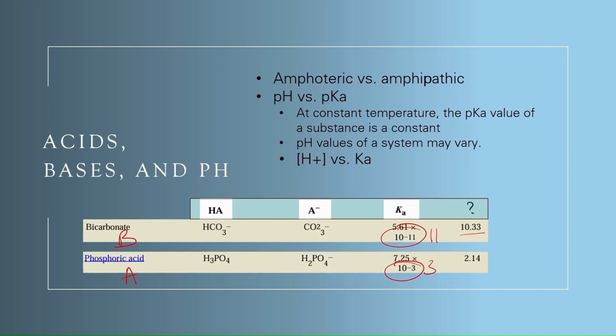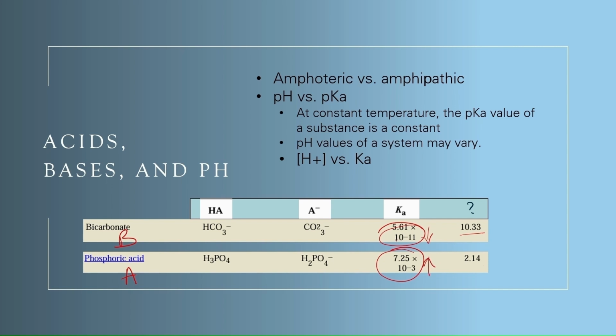Now, the last column, what could it be? 10.33 is greater than 2.14, but this value, something into 10 raised to minus 11, is a much smaller value as compared to something into 10 raised to minus 3, right? Which is a larger value.